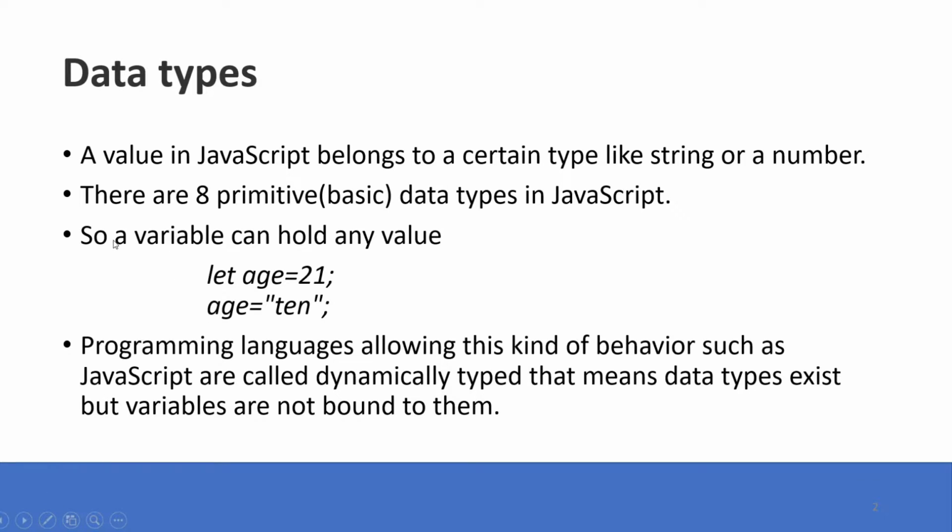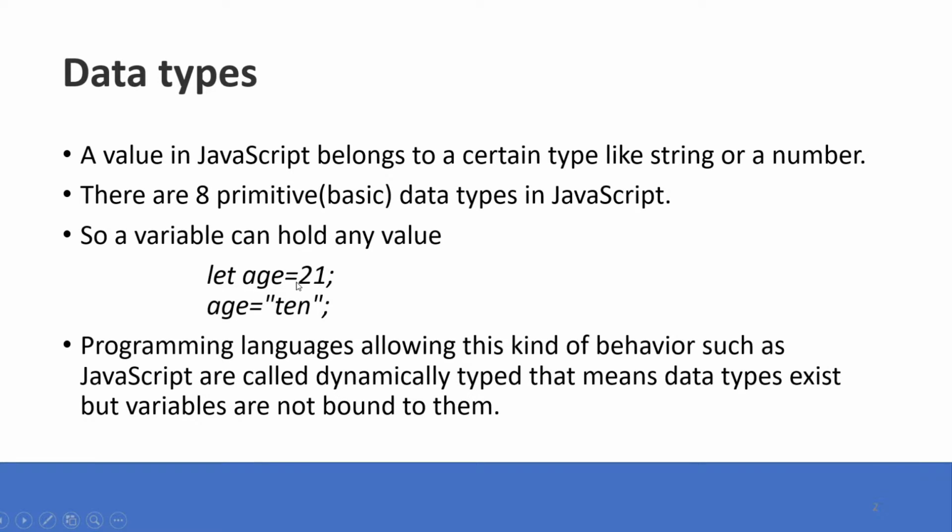Suppose a variable can hold any value. If you take any variable, that variable can hold any type of value. That means there is no restriction. For example, let age = 21, and first you have stored 21, and then again you have stored a string in the same variable.